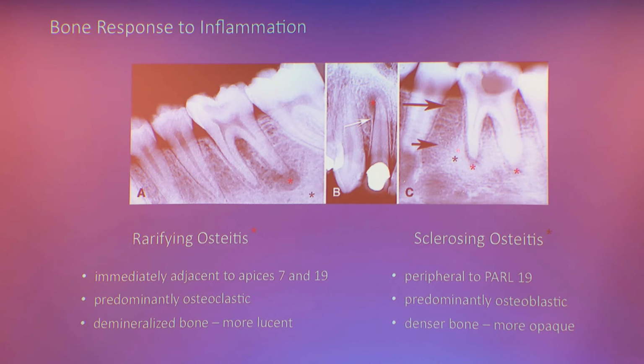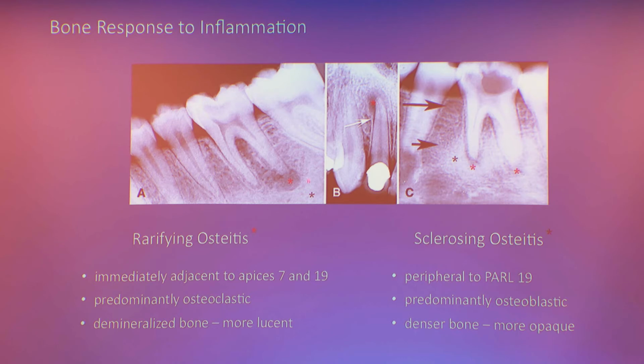Other times, osteoblastic activity will be stimulated, and the bone will become more dense. Here we have a situation of both. There's a rarefying osteitis adjacent to the apex, and then beyond that is a sclerosing osteitis. All responses to inflammation. We're looking at reactive bone.